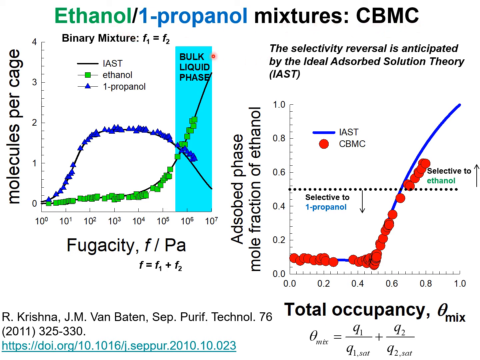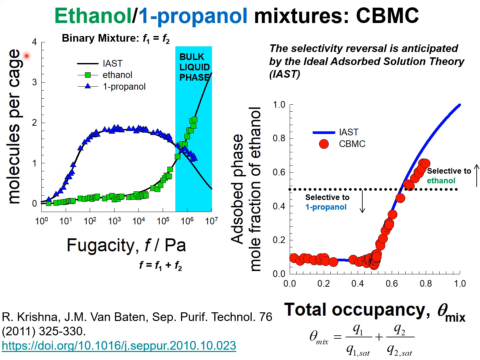configurational bias Monte Carlo simulations were conducted to determine equilibrium between mixtures of 1-propanol and ethanol in chabazite zeolite. In these CBMC simulations, the partial fugacity of ethanol is taken to be equal to that of 1-propanol.